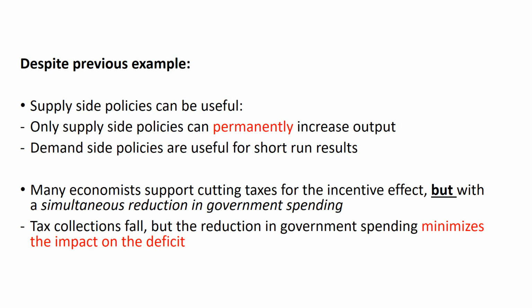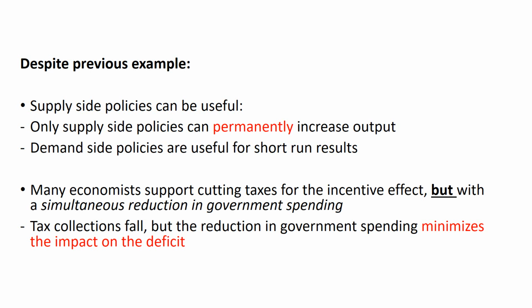So supply-side policies such as improving the quality of laborers, deregulation and privatization, maintaining an official legal system, all of those things, and also technological improvements, don't forget about those, are the sorts of policies that can permanently increase the level of output in the economy and cause potential output to increase. Demand-side policies are useful, but for short-run results.